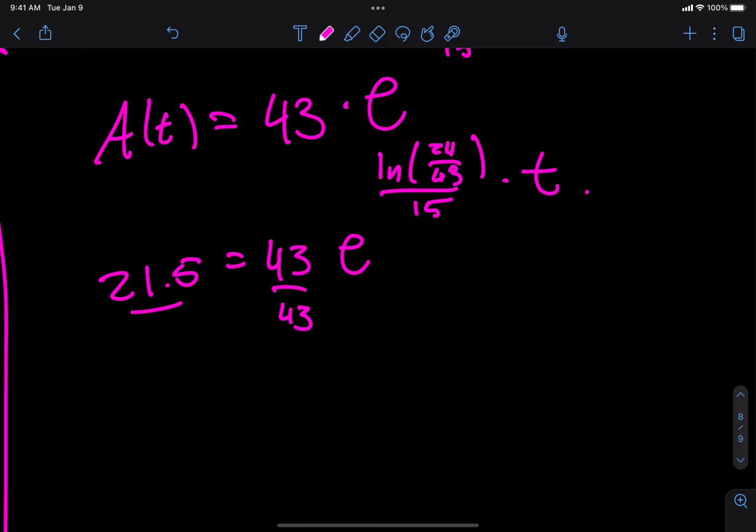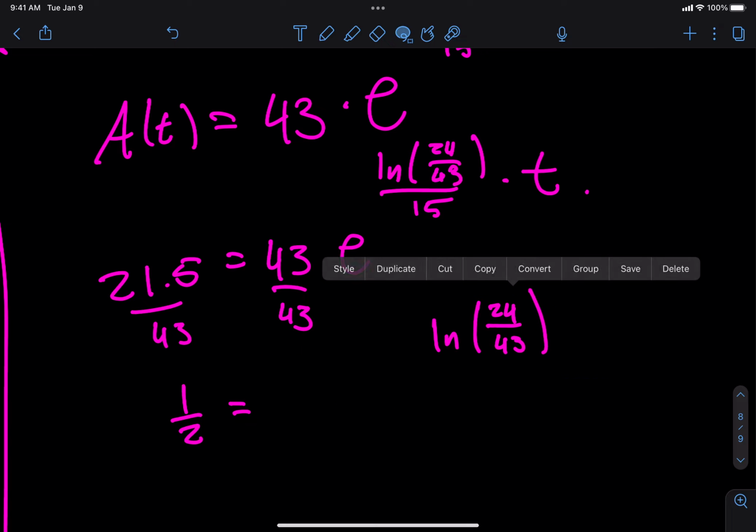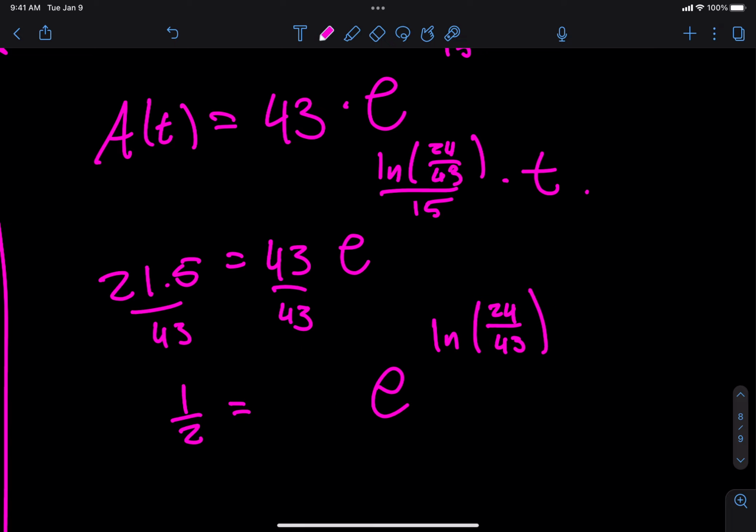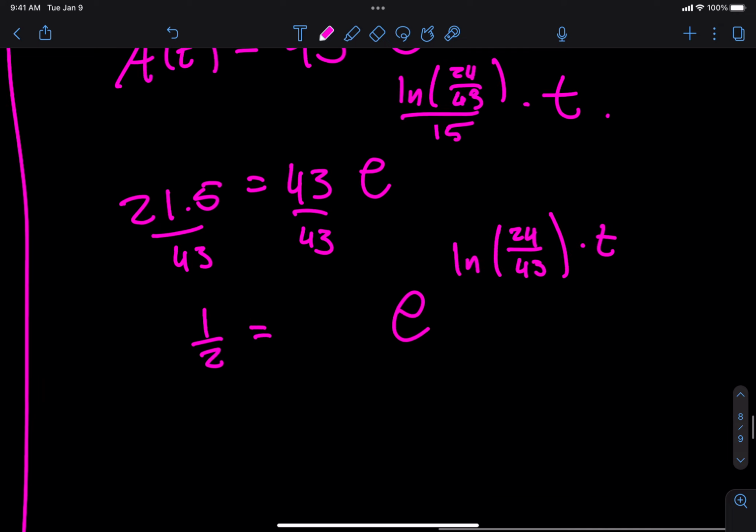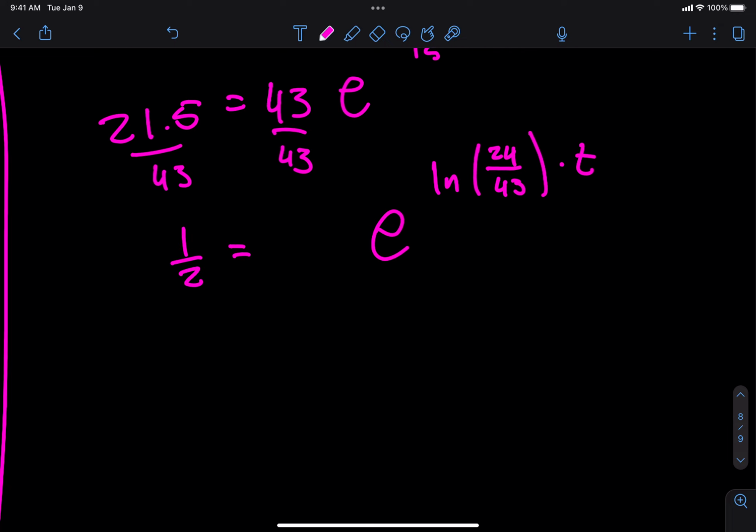Okay, so we divide by 43 on both sides, and we get what? 1/2 on this side. And then on the other side, we get e to the ln of 24 over 43 over 15 times t. Now, what am I doing? We still have e in here. We have e to this number times t. Now I can apply the natural log. So I'm going to do that on both sides.